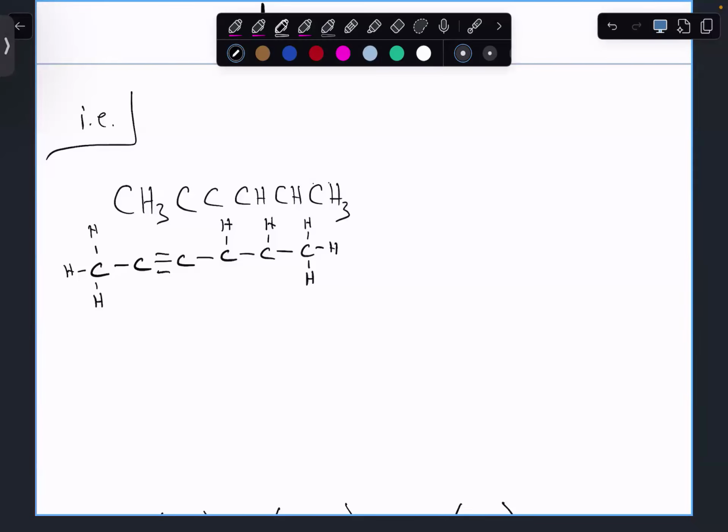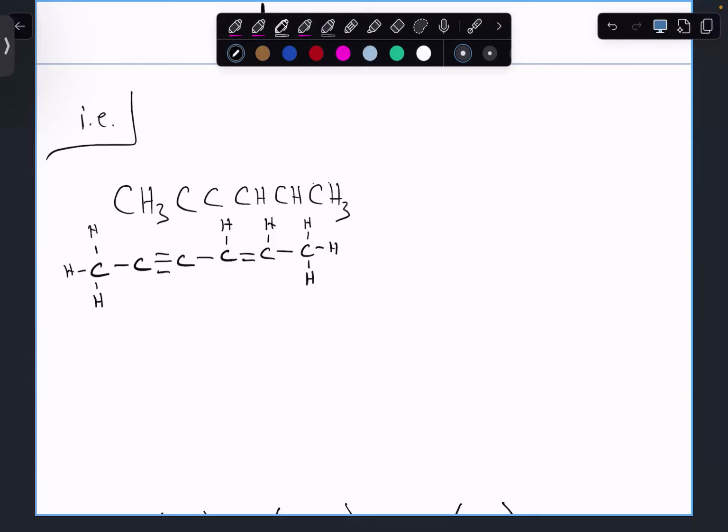What do you want to do about those 2 carbons? They don't have the right number of bonds. How can we fix that? Yep, with a double bond. All right. So now all the carbons are satisfied. They have their correct valence.